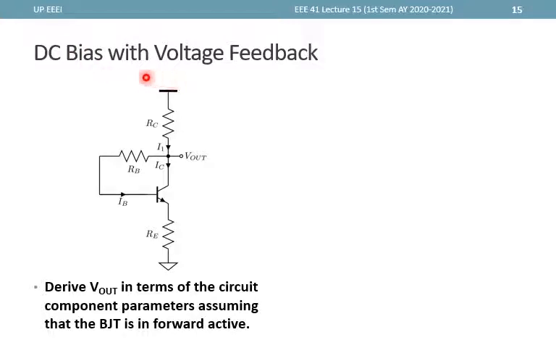Now, this circuit right here uses only a single resistor, and is still stable in terms of its DC bias point, but this time with the use of this RB from the collector terminal to the base terminal, this circuit is actually easier to ensure that it is in the forward active region as compared to the previous circuits.